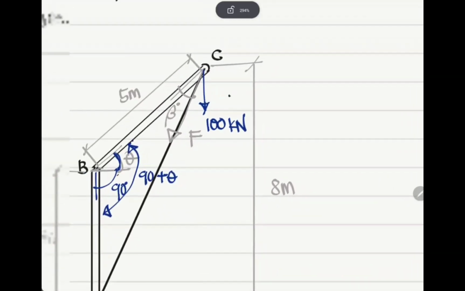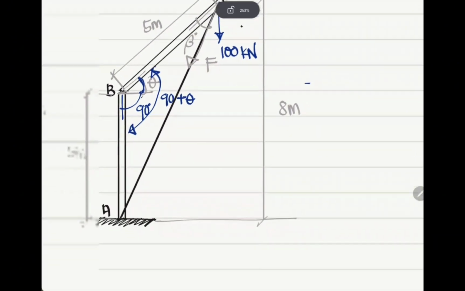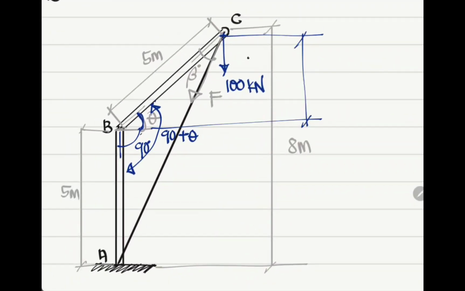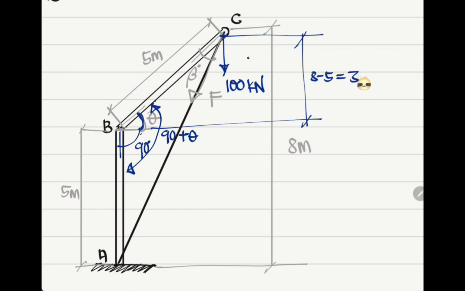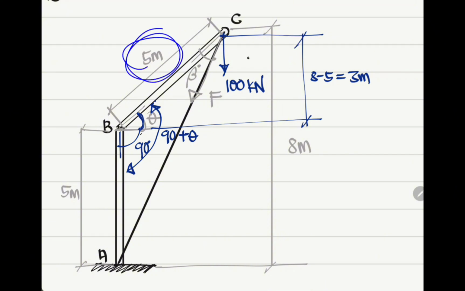From the figure, this is equal to the height of 8 meters minus 5 meters, so this height is 8 minus 5 equals 3 meters. So we have a height of 3 meters and a hypotenuse given in the problem of 5 meters.